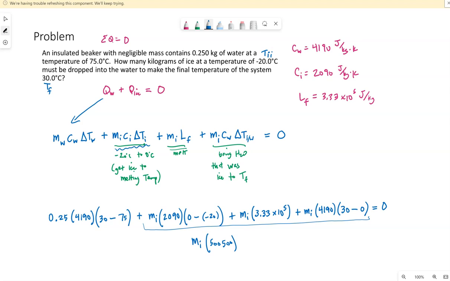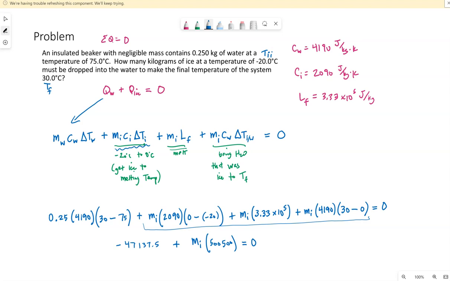It's an interesting number. The water term, I'm getting negative 47137.5.